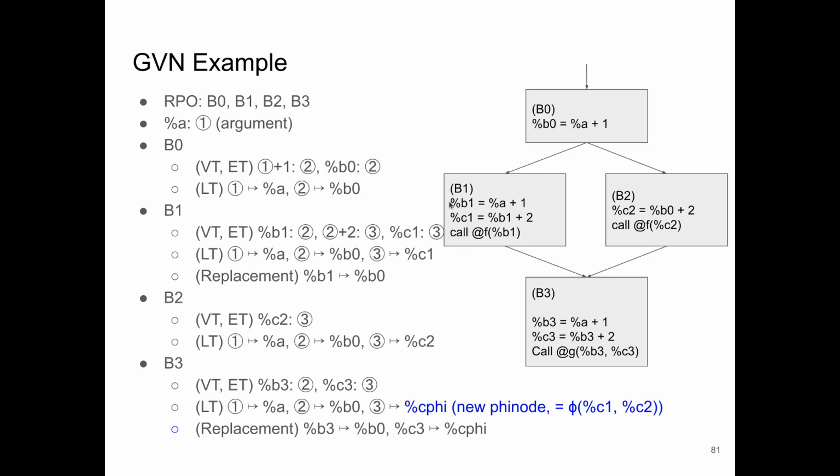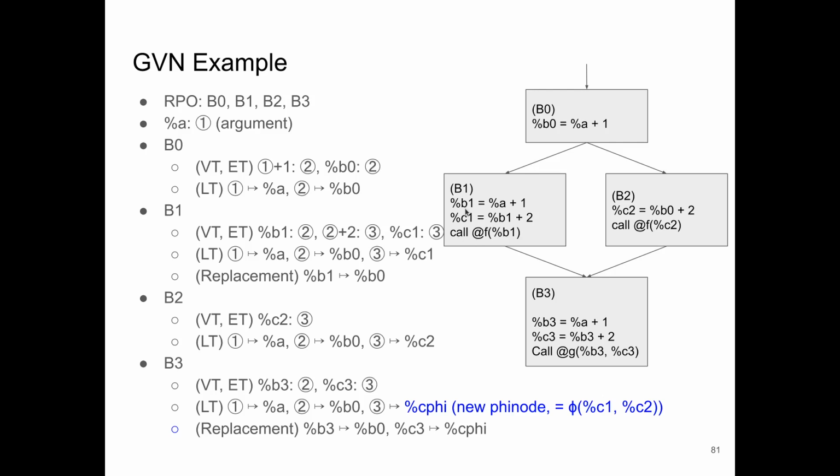And let's process this block here. We are first calculating A plus 1, but they are already inside this knowledge database, and we can safely deduce that B1 is number 2, because number 1 plus constant 1 is number 2. So far, so good.